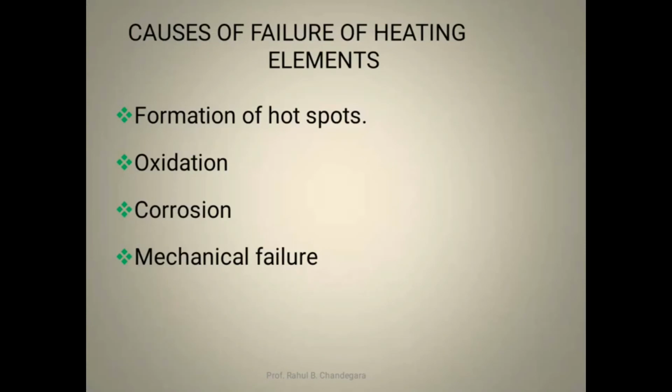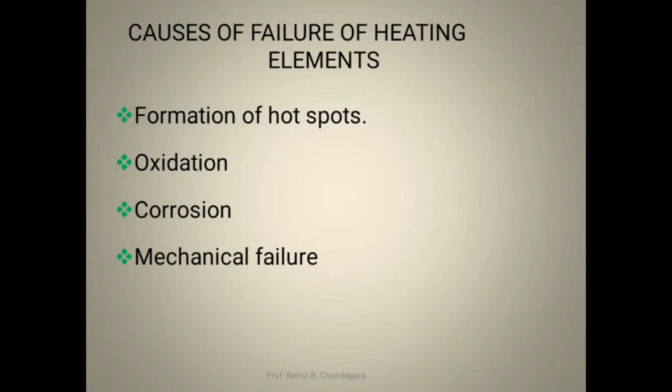Sometimes failure comes in this method. In both methods we check which types of faults occur. The formation of hotspots: sometimes due to high temperature, hotspots are created. Oxidation and corrosion: some metal elements of the electrode may corrode due to the charge and powder.